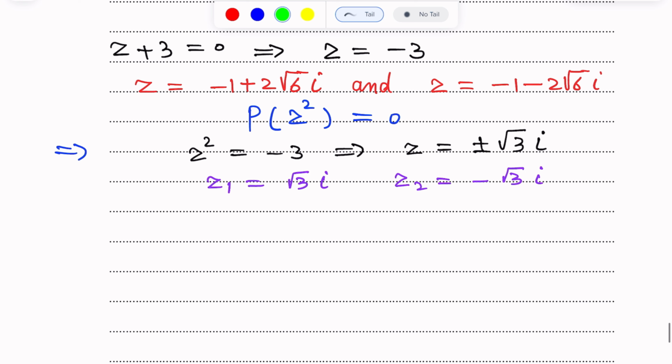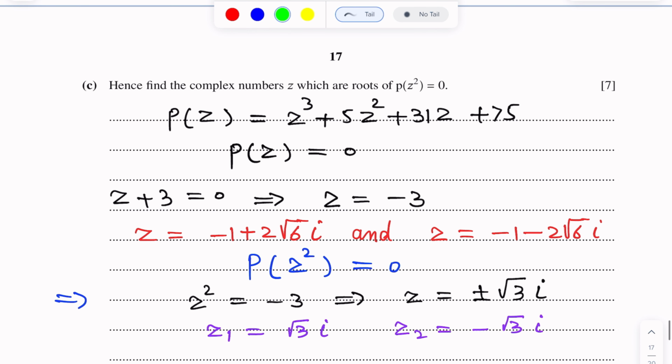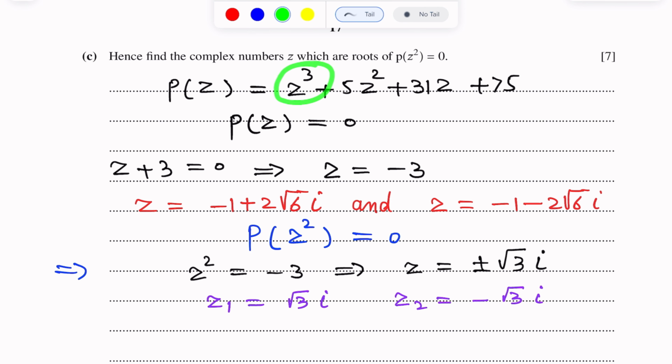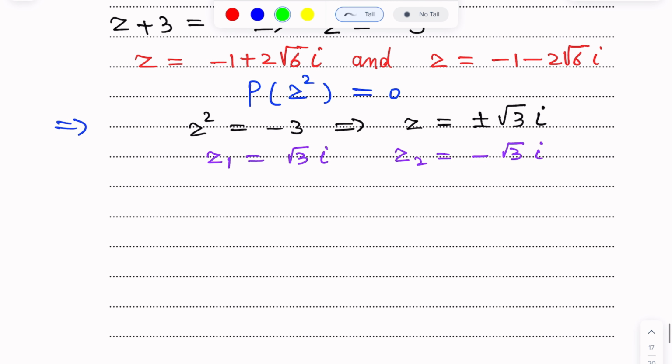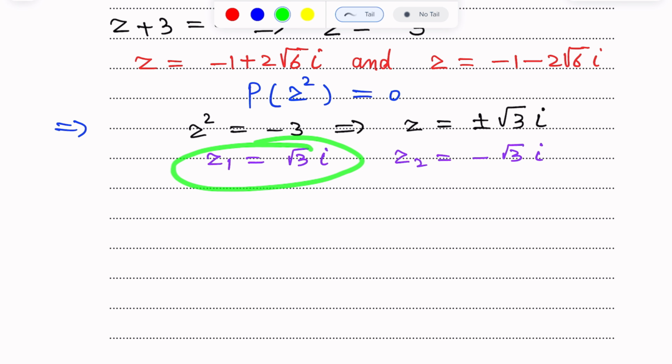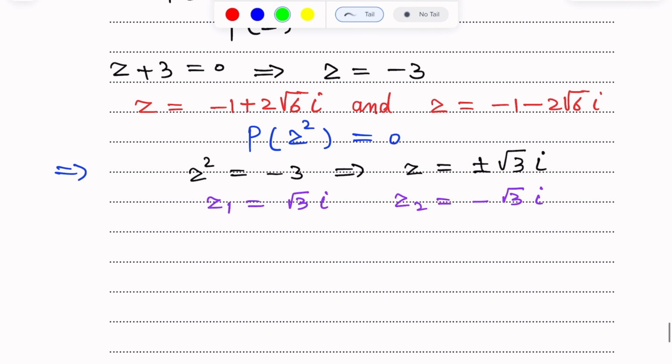Total roots will be 6 because the maximum power of P(z square) will be z to the 6. We have found only two roots so far, the remaining four roots remain.